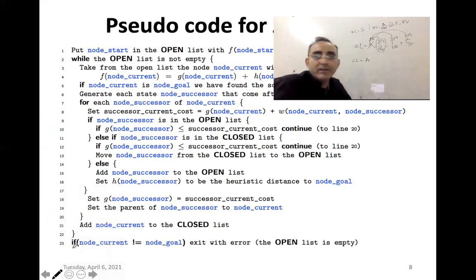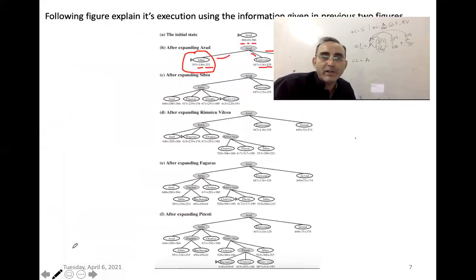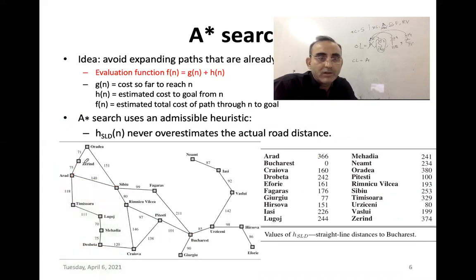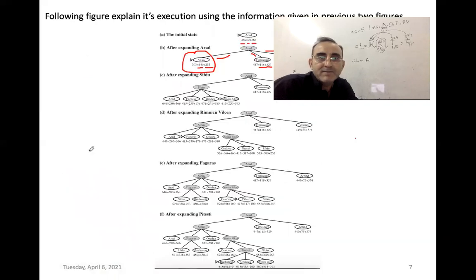Now you have to calculate the actual cost and the weight of Oradea. What is the actual cost of Oradea? Let's see. From Sibiu to Oradea. What is the cost? 151.